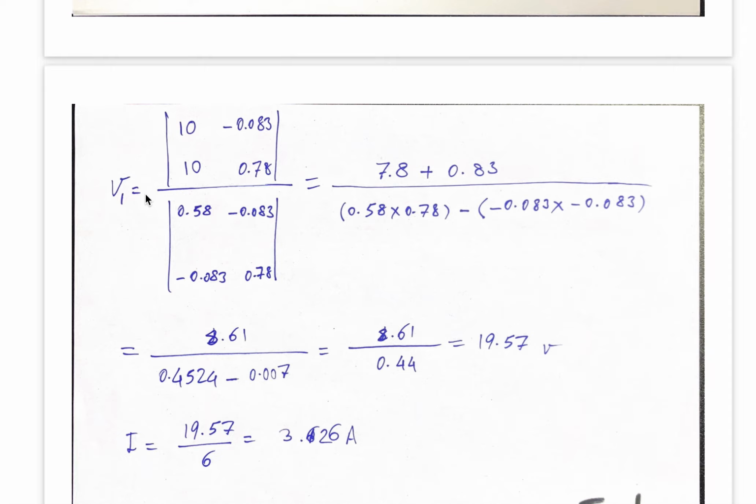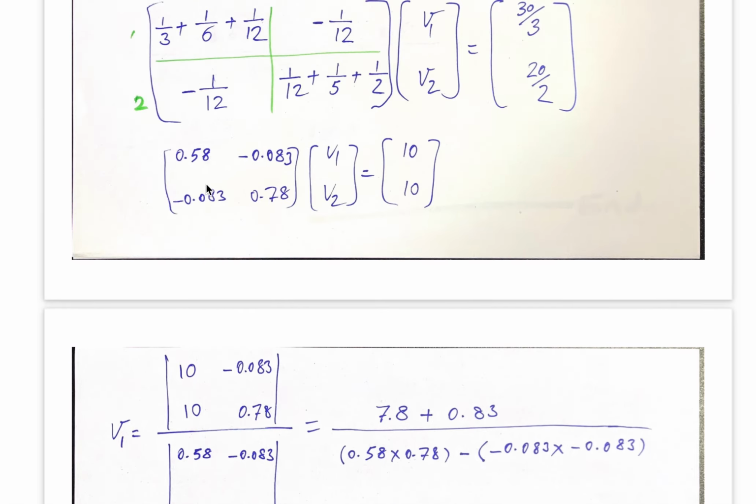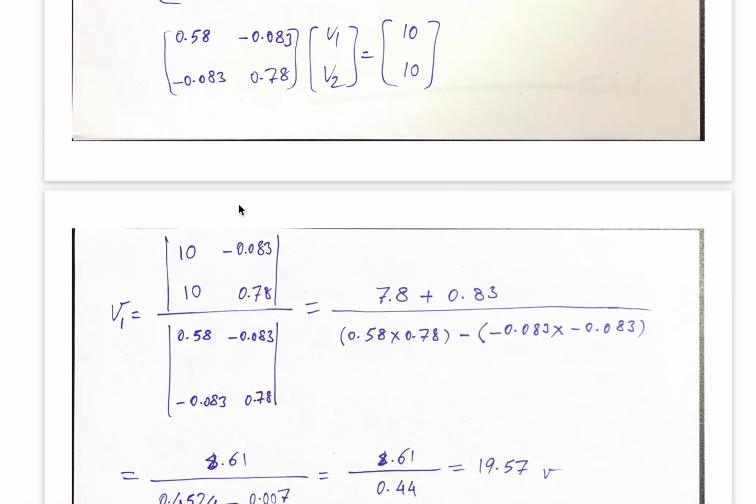V1 equals this fraction. The denominator is the determinant of the coefficient matrix, and the numerator is the same coefficient matrix where you replace the first column with the constant currents. Why the first column? Because this is the first variable.